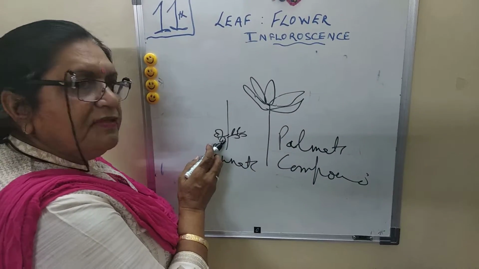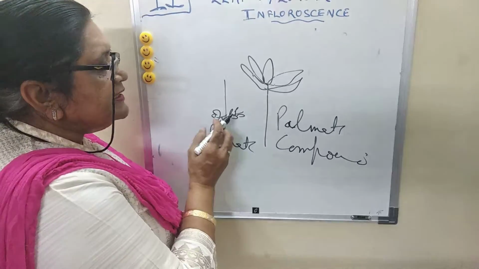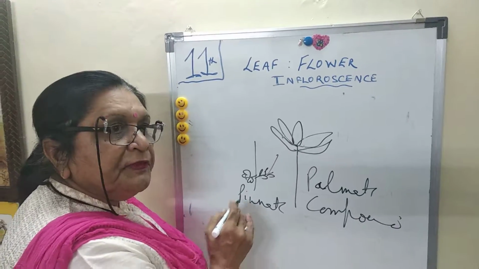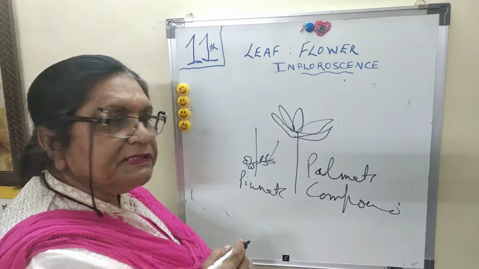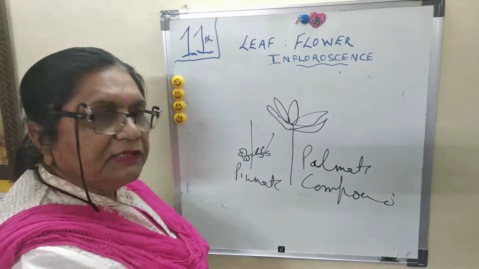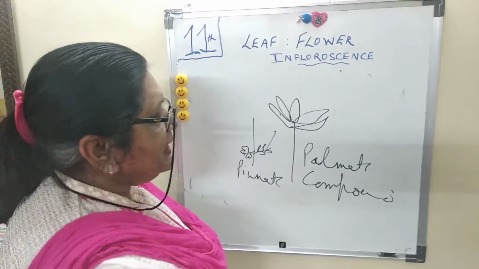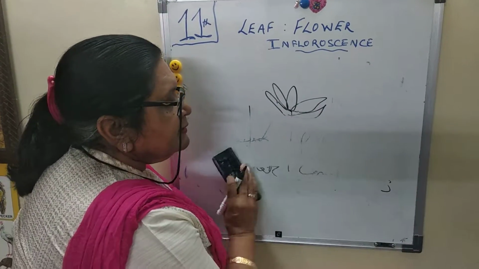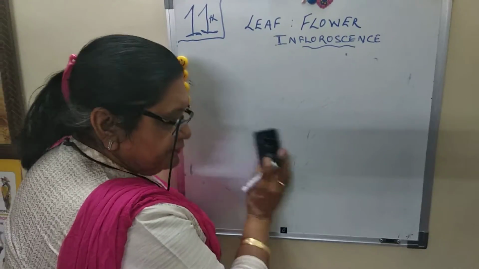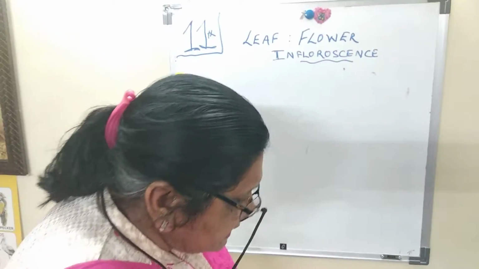It may be present on the same axis, on the second axis, sometimes on the third axis. So that is a condition that comes in the case of various plants. So leaf may be simple, leaf may be compound.